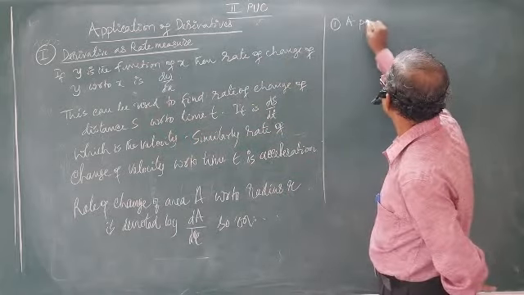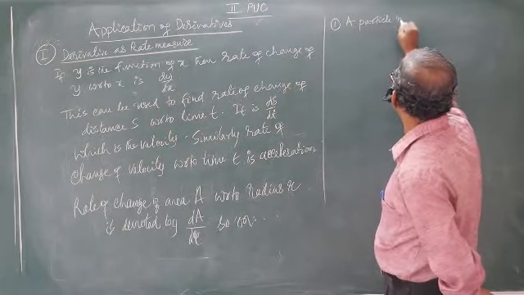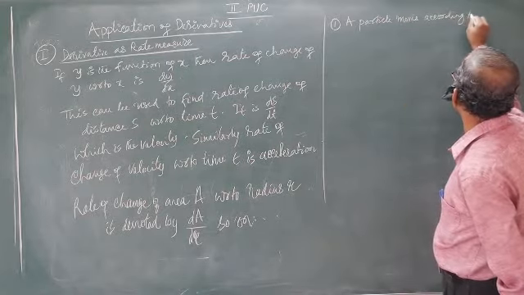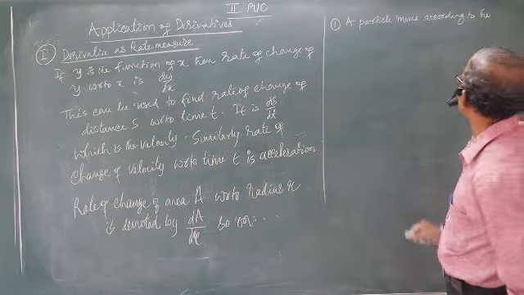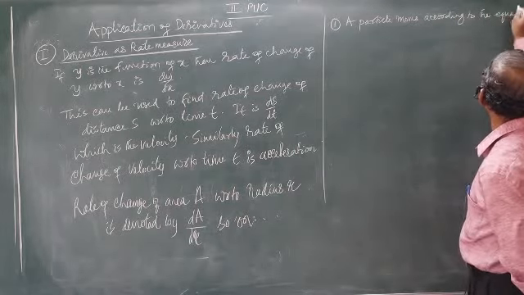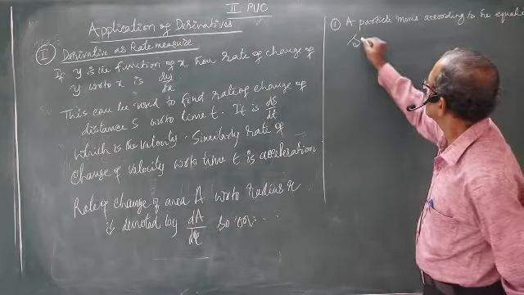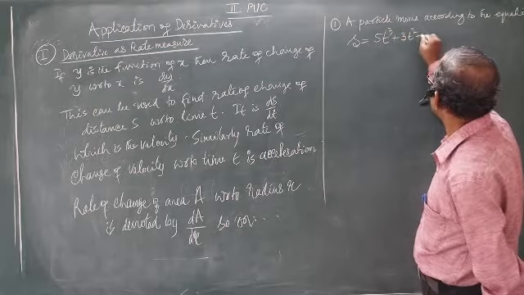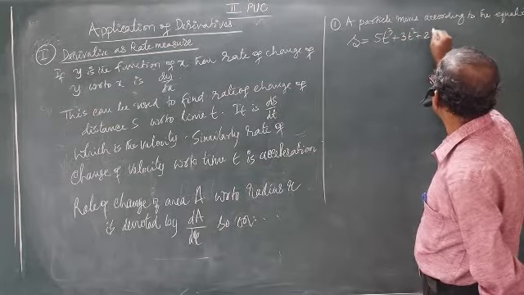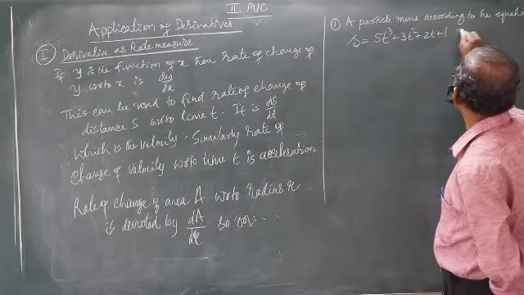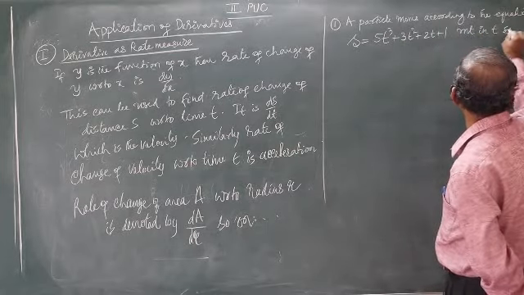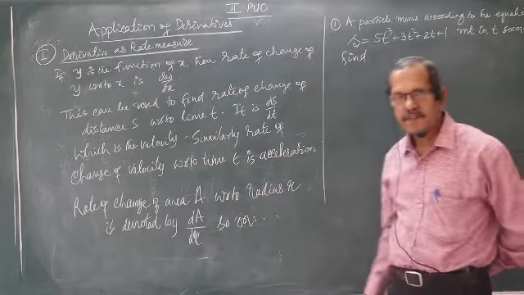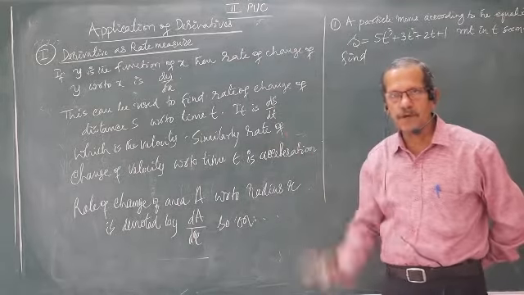A particle moves according to the equation S equal to 5t cube minus 3t square plus 2t plus 1 meter in t seconds. Find ds by dt. Over, finish it.